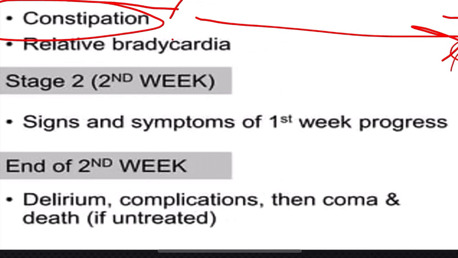Is it clear? So we know that now there is involvement of organs. The bacteria via the bloodstream is circulating and affecting the various organs including the brain. So the brain is affected, leading to coma, delirium, and then we have headache as well, right?